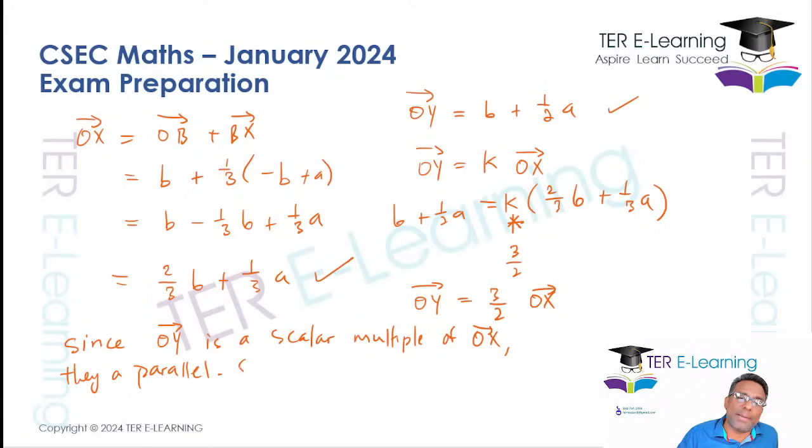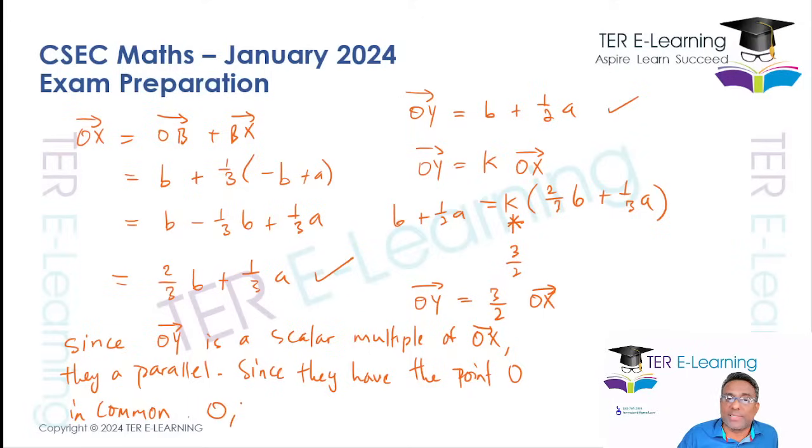And then we're going to say, since they have the point O in common. Most students don't know how to answer a question like this. Since they have the point O in common, it means that O, X, and Y are collinear. So that's the answer here for this particular question.